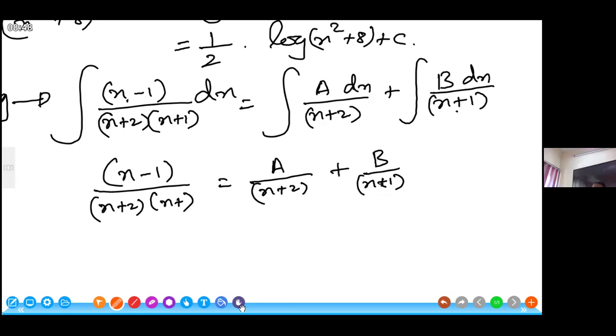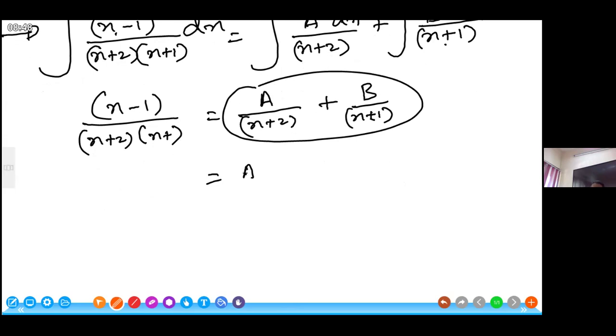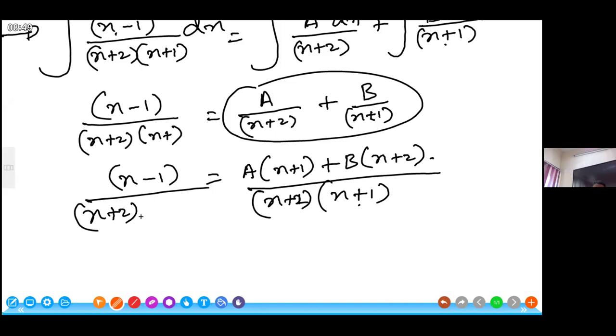Now we can solve it using mathematical knowledge. What is on the left side is equal to what is on the right side. So I'm going to solve this: a into x plus 1 plus b into x plus 2, divided by x plus 2 into x plus 1, which is the same as on the left side, x minus 1 divided by x plus 2 into x plus 1.